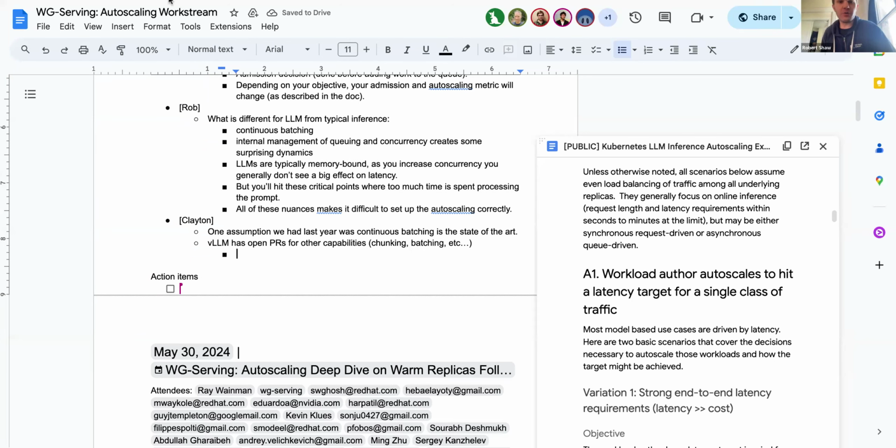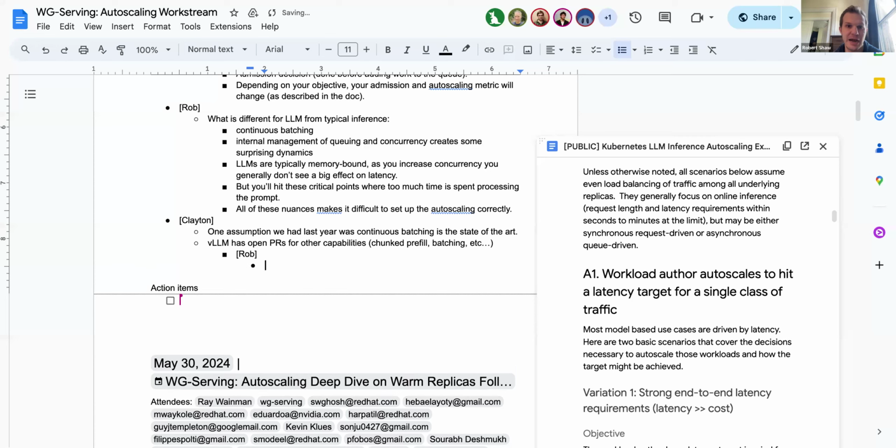Yeah. So chunked prefill in particular is going to be turned on by default relatively soon in vLLM, and this will really help smooth out some of these dynamics at higher request rates.